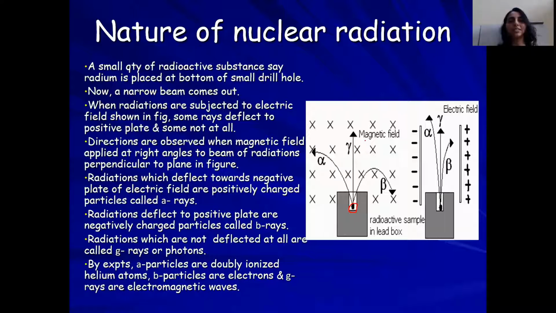Once it is placed in the electrical field and the magnetic field, the radiations get deflected. In the electrical field, you can observe that some particles are deflected towards the positive plate, some towards the negative plate, whereas some are neutral.